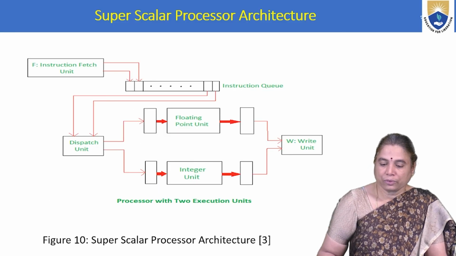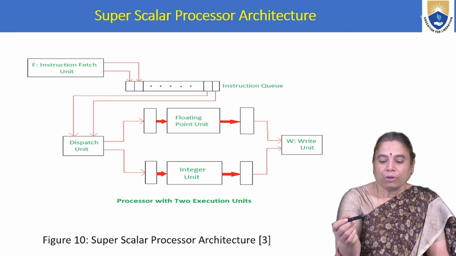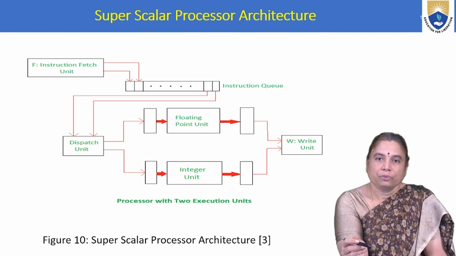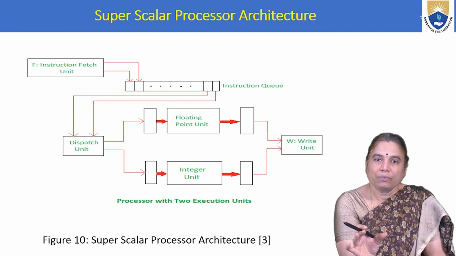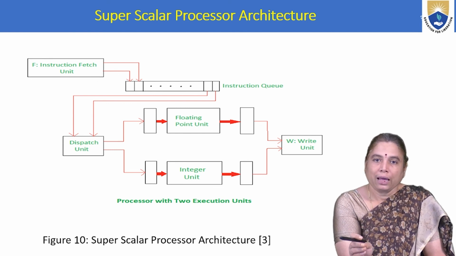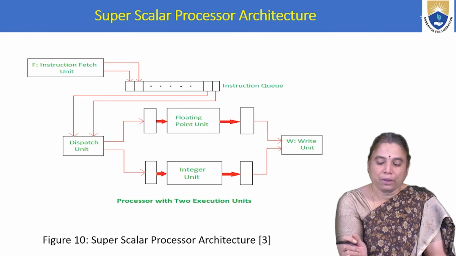In these processors, multiple functional units can be employed. Generally, single functional units are employed in the computer, like a single ALU, single arithmetic and logical unit, single memory unit.